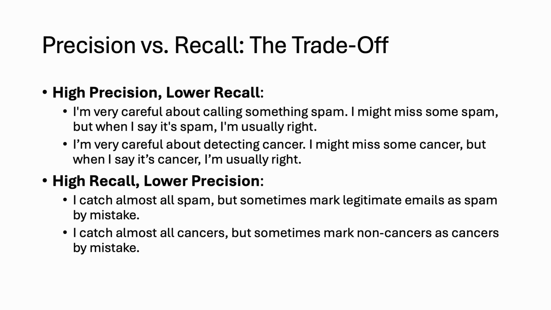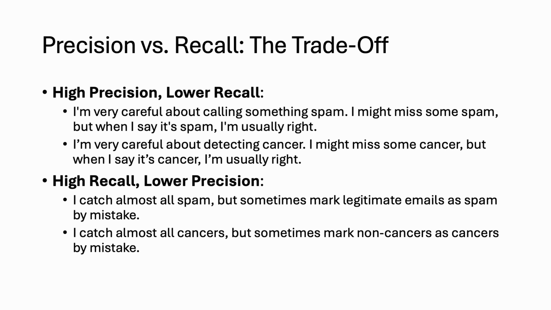And lower recall also means the model is very careful about detecting cancer. It might miss some cancer, but when it says it is cancer, it is usually right. So this is the first case.